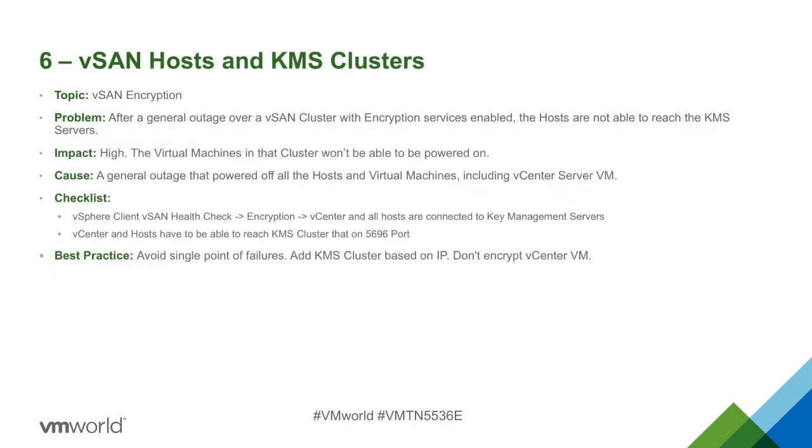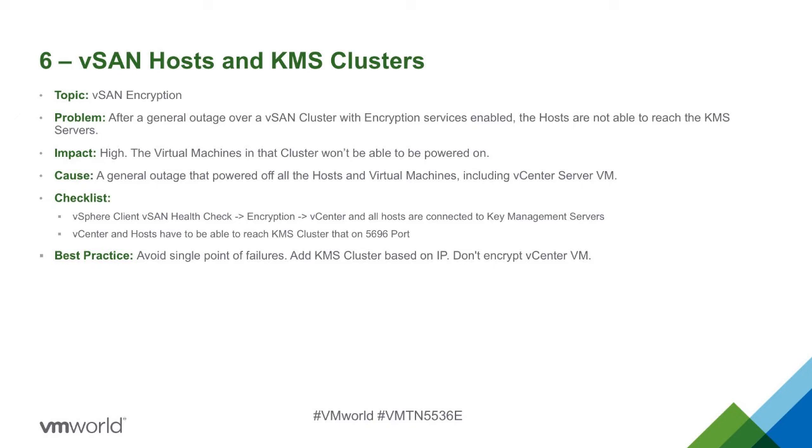Okay. VSAN host and KMS clusters. You know that since vSphere 6.5, it's possible to work with two different solutions in order to increase the security for our virtual machines. On one hand, we have the virtual machine encryption, and on the other hand, we have the vSAN encryption, okay?